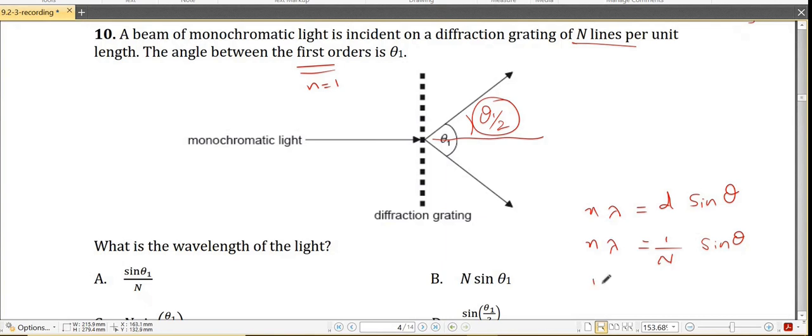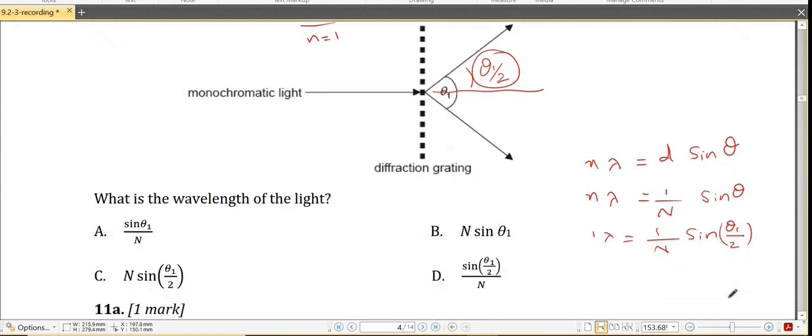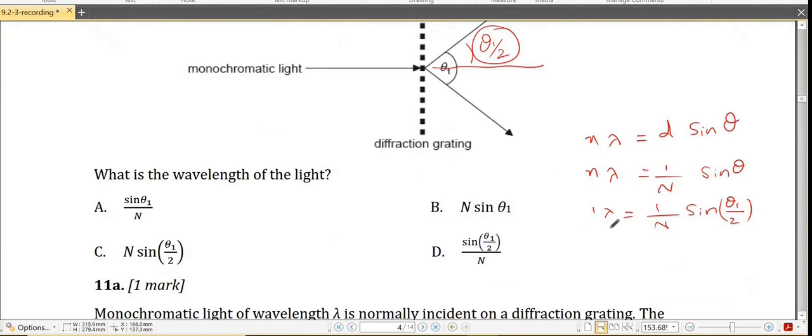So 1 times lambda equal to 1 upon capital N sine, what is theta? Theta is theta 1 upon 2. So the equation for lambda is 1 upon N sine theta 1 upon 2, because d has to be 1 upon N. Don't get mixed up. Okay.